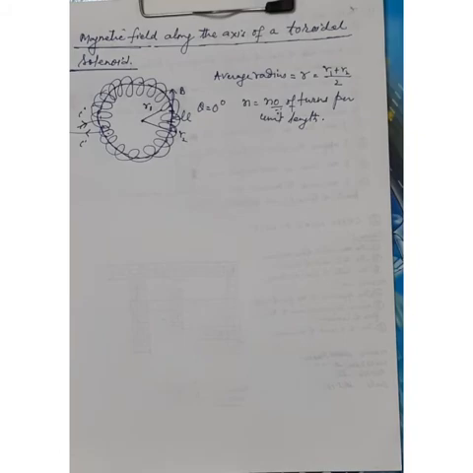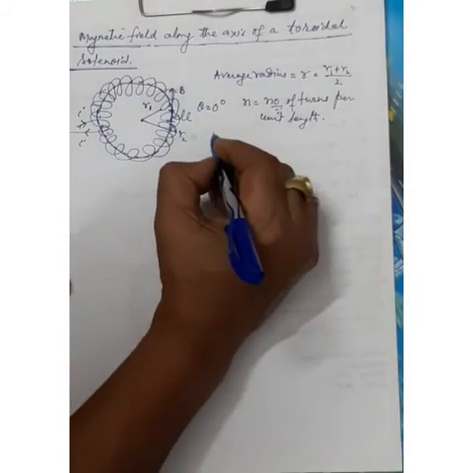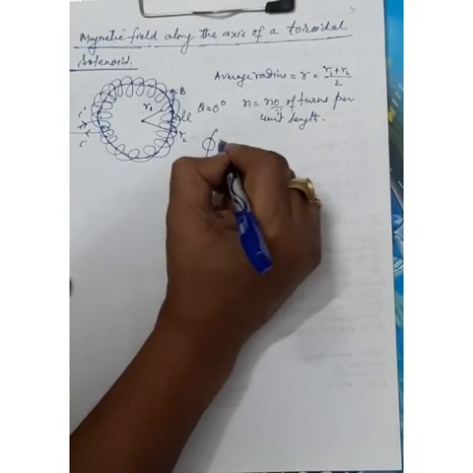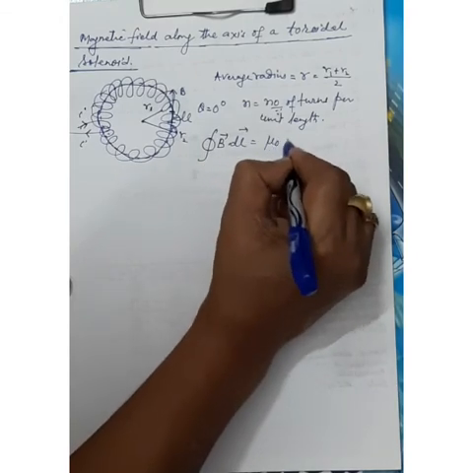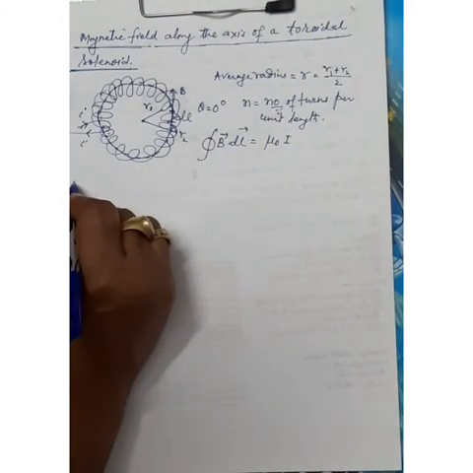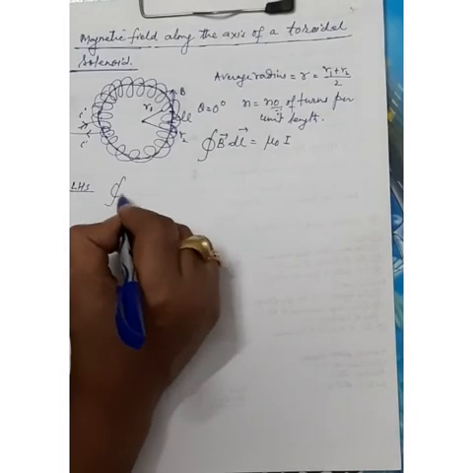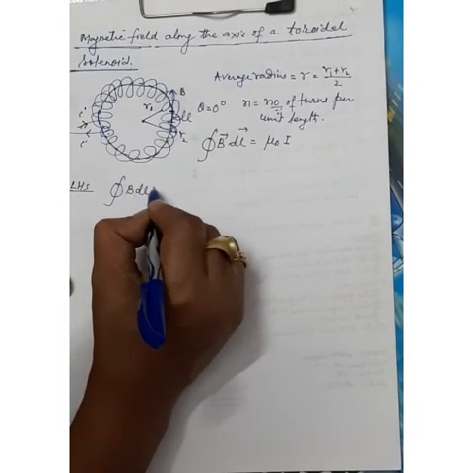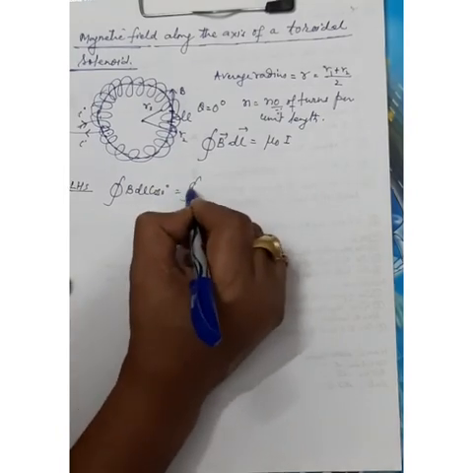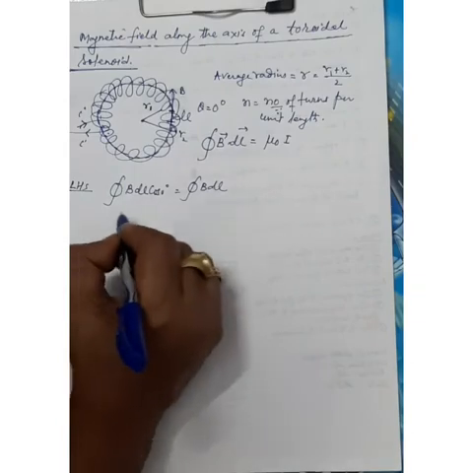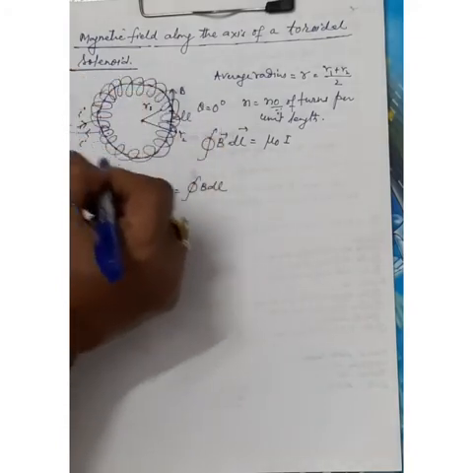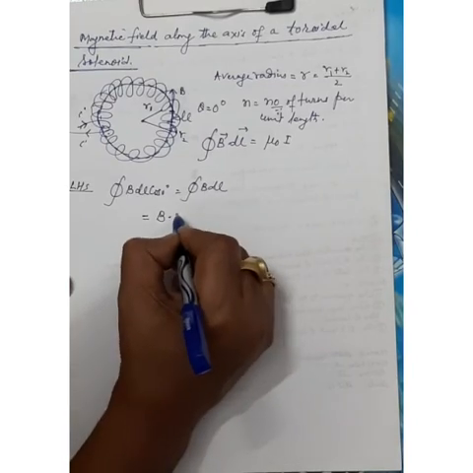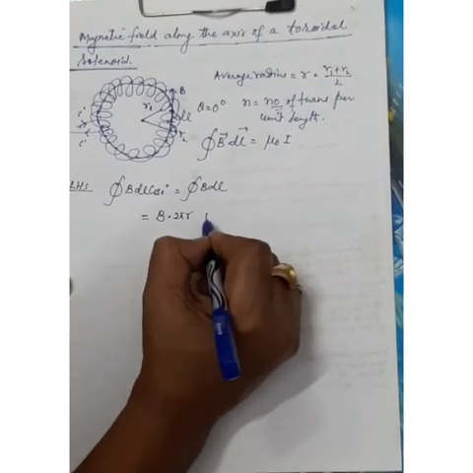Applying Ampere's circuital law, the integral of B dot dl is equal to mu naught times I. So the LHS is B dl cos 0 degree, that is B dl, and if we add all dl for this circular Amperian loop, the value will be 2 pi r. This is equation 1.